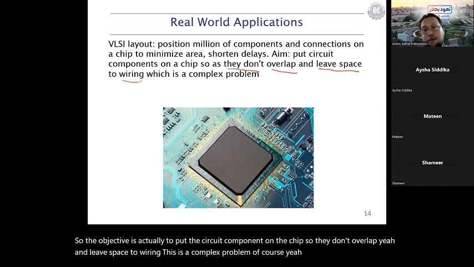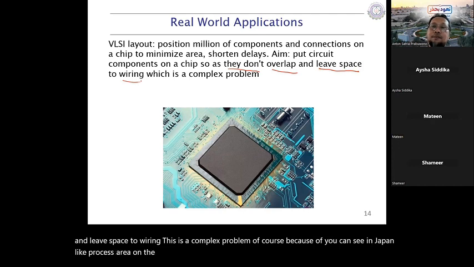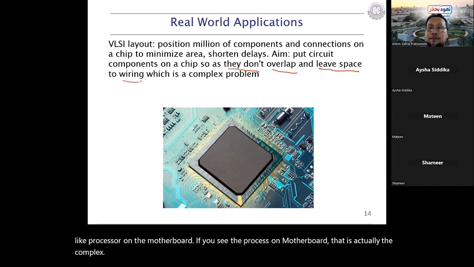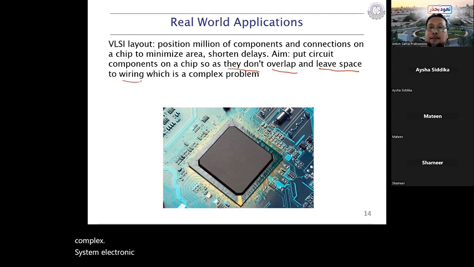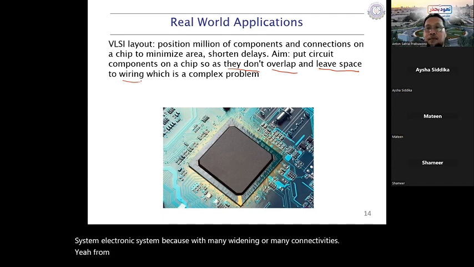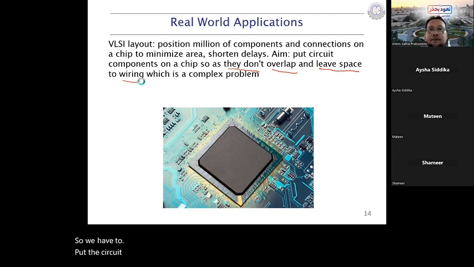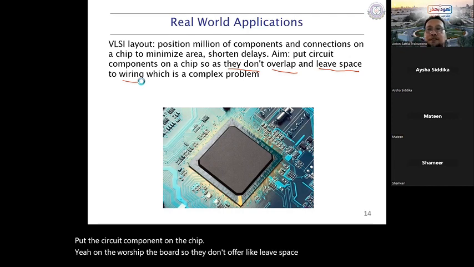If you see the processor on a motherboard, it is a complex electronic system, with many wires and connections from one component to the other components. So we have to put the circuit components on the board so they don't overlap and leave space for wiring each other.